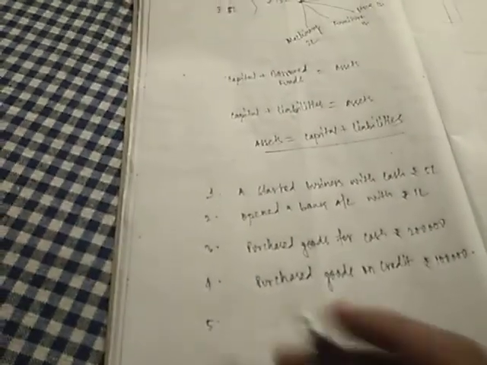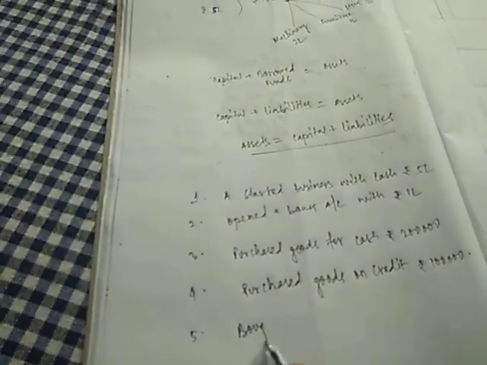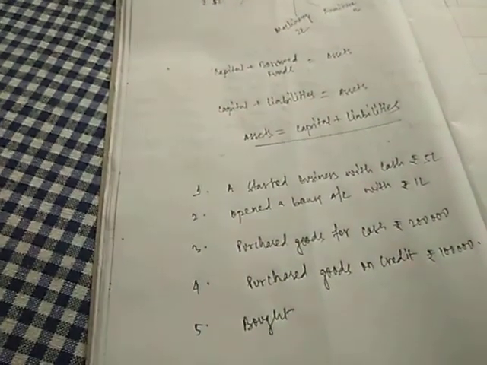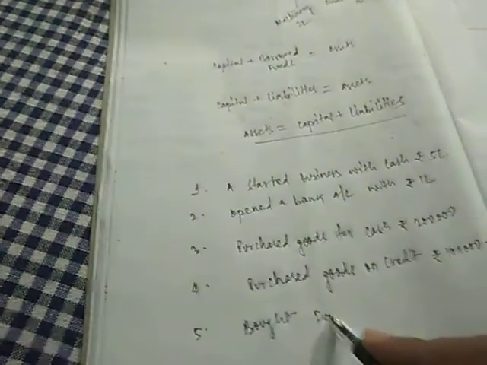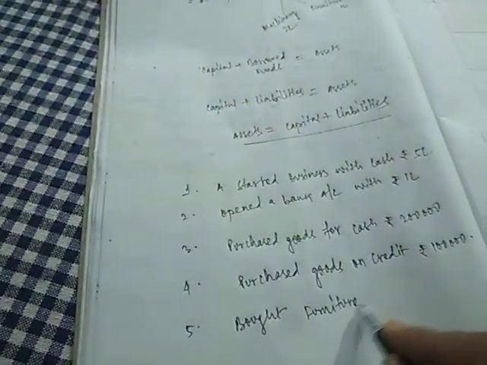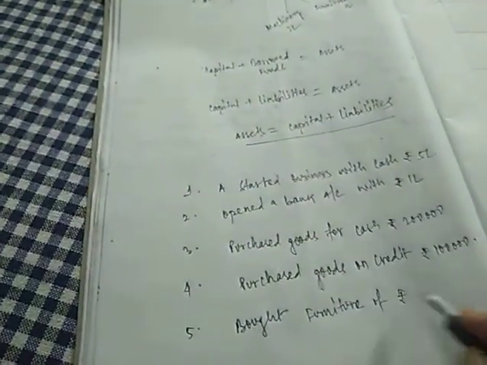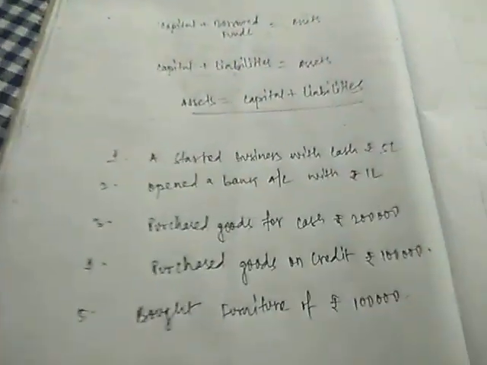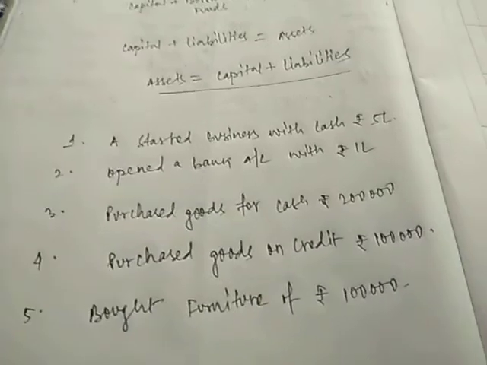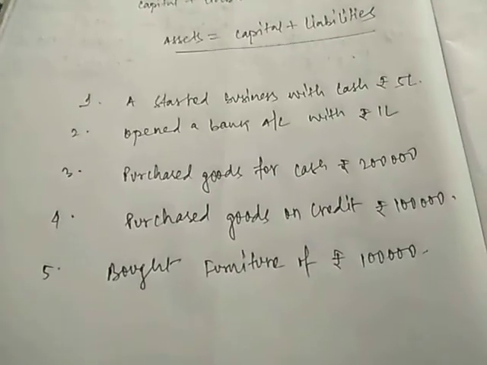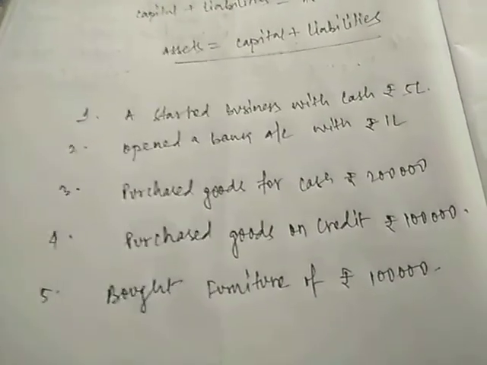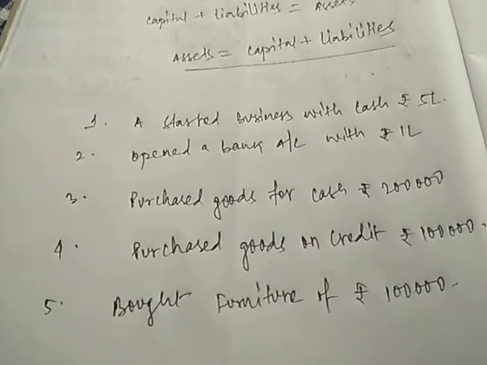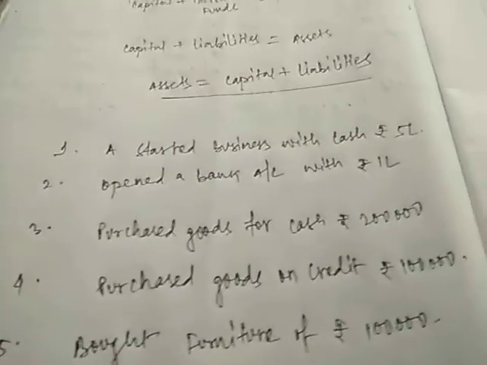And bought furniture of rupees 1 lakh. So if we take this as our question or the transactions, you can note down all the transactions from here, and on the basis of this we need to prepare an accounting equation.